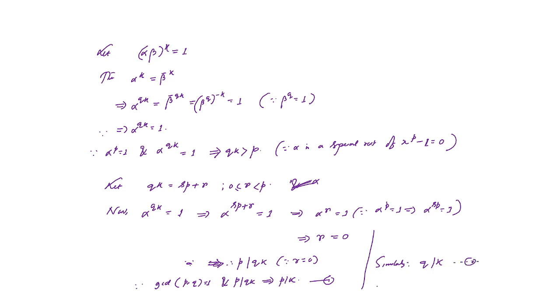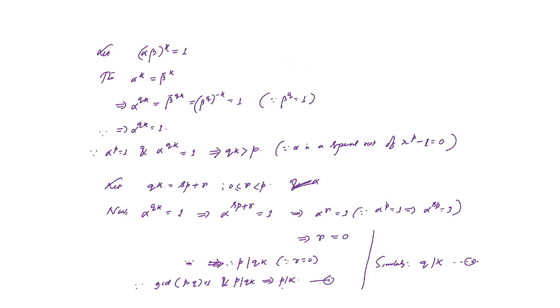So from 1 and 2 we can write pq divides k, since GCD of p and q equals 1. Why?